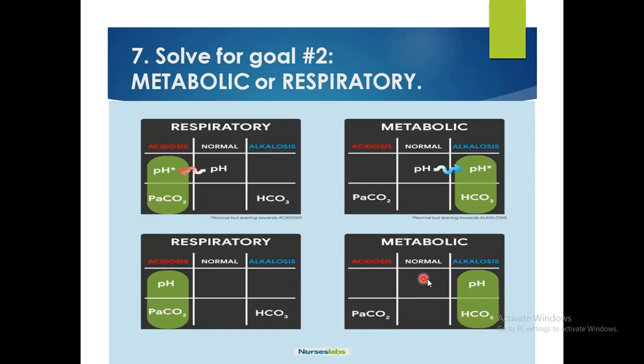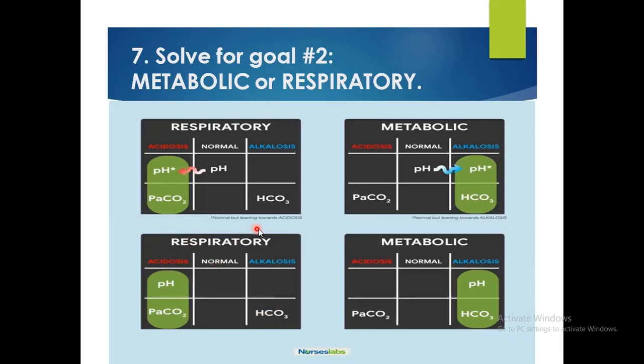And in case of metabolic alkalosis, this is the scenario: pH and bicarbonate both will be raised and carbon dioxide concentration will be low, which means the respiratory compensation is taking place. However, in case of a respiratory acidosis or respiratory alkalosis, metabolic compensation is taking place.